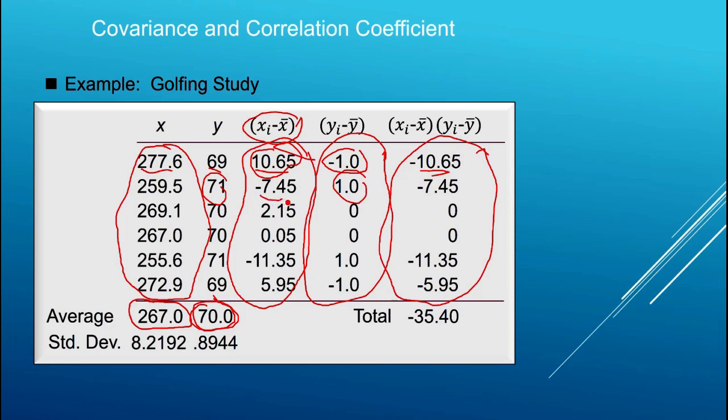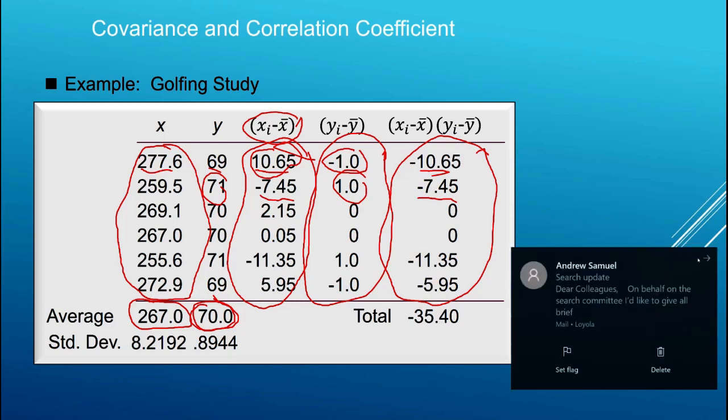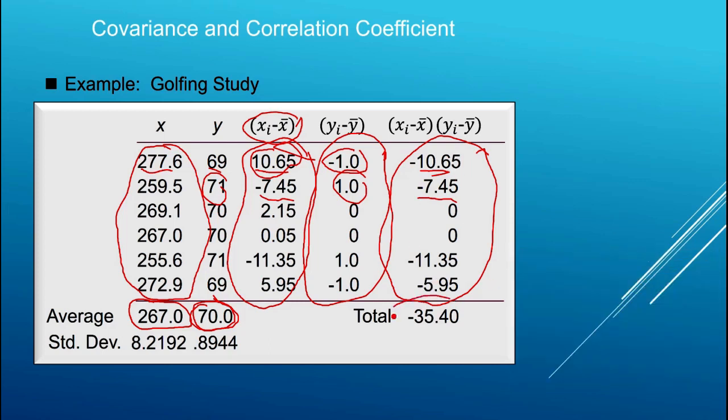Minus 7.45 times 1 is minus 7.45, etc. We then add up all of these values in the last column, which gives minus 35.4. The standard deviation is then the minus 35.4 divided by the appropriate degrees of freedom, which is equal to 69.